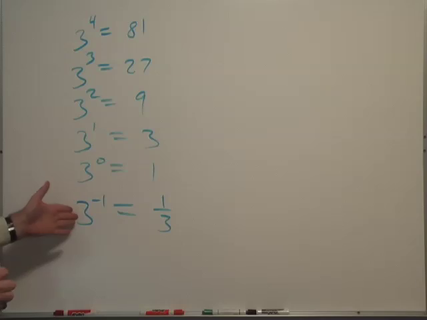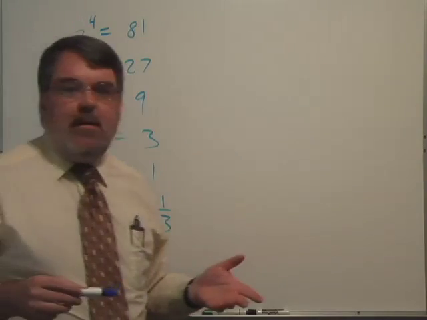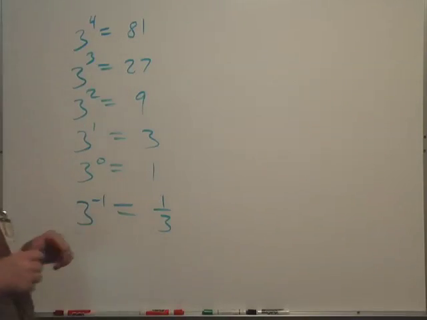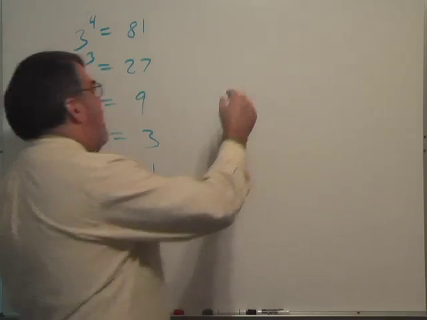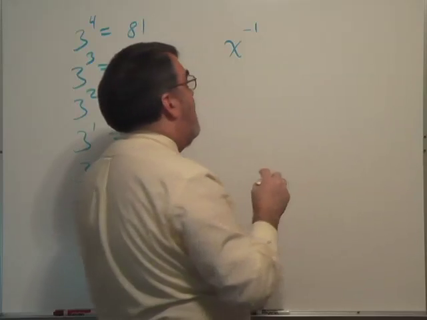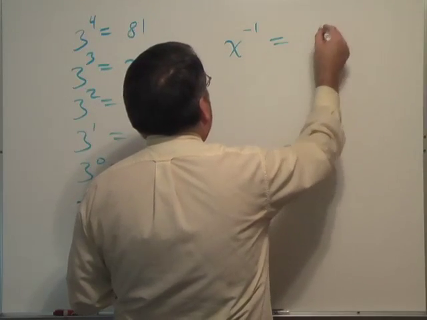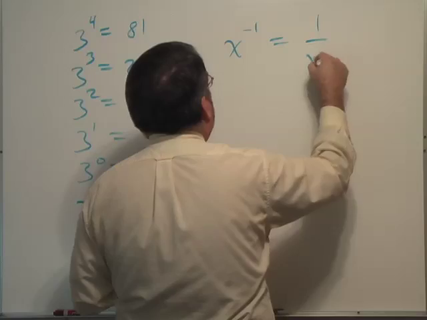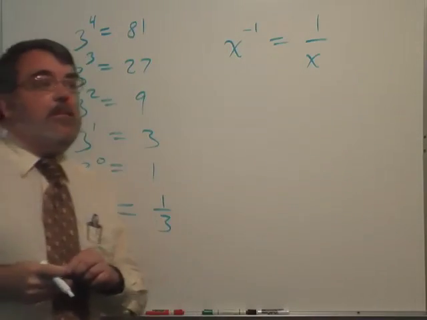Now this, again, is also a leap, like the 0 exponent. To say that, for example, a number raised to a negative 1 power is 1 over the number. In other words, it's a reciprocal.